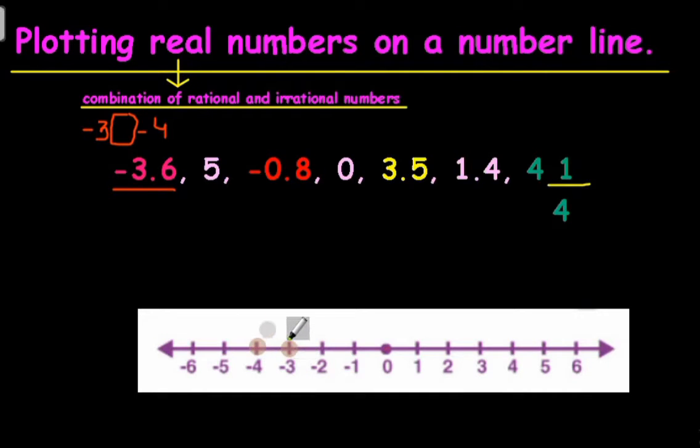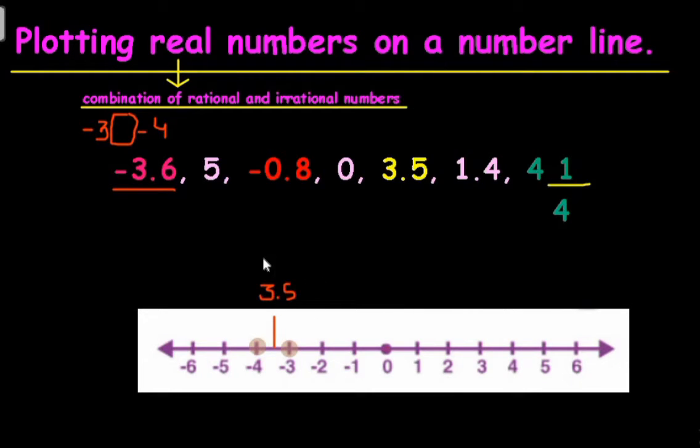After highlighting these two integers, I'm going to find the middle point. Now what is the middle point in between minus 3 and minus 4? The middle point is minus 3.5. So first you have to identify what is the midpoint between these two negative integers. It's minus 3.5.